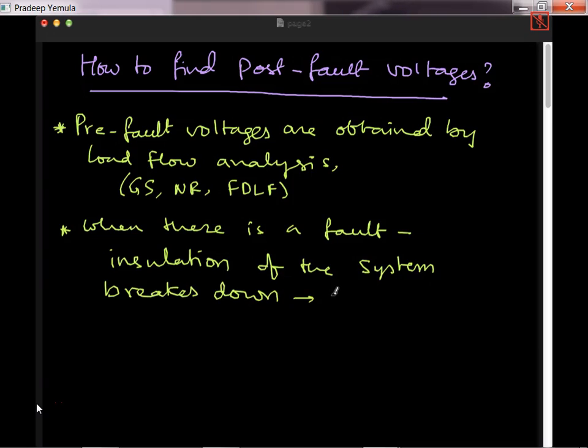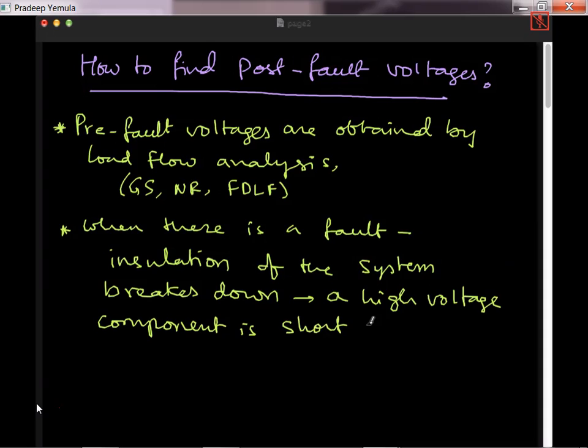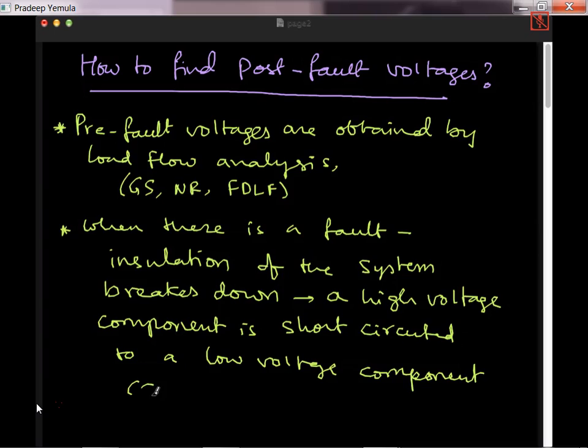That means a high voltage component is short circuited to a low voltage component. Typically the low voltage component will be the ground. So whenever a high voltage component is short circuited to the ground, immediately the ground voltage will get affected to that high voltage part.